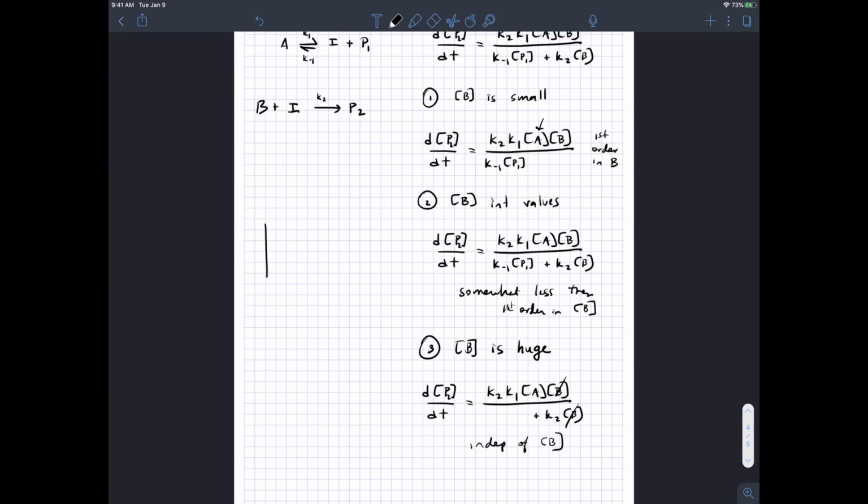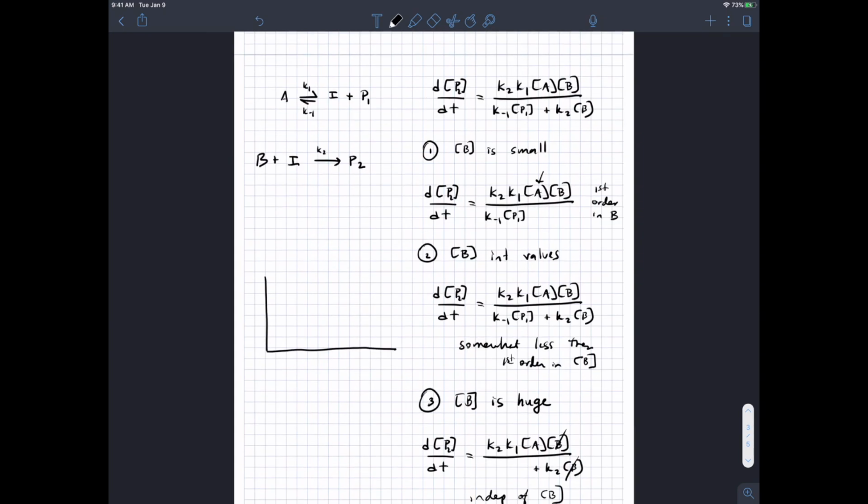So if you were to try to do this reaction using a constant and high concentration of A and then varying concentrations of B starting B and measure the observed rate constants, what you would see is an initial region where the rate was linear in B, then it would start to be less linear in B, and then as B builds up, it would be independent of B. This is region 1 where B is small, region 2 where B has intermediate values, and then region 3 where B is huge.